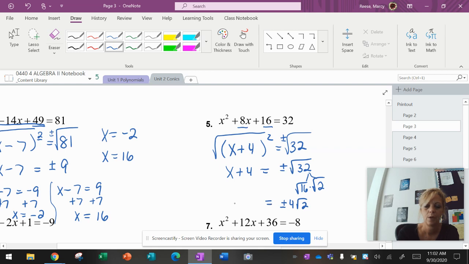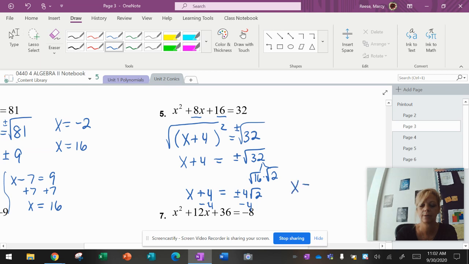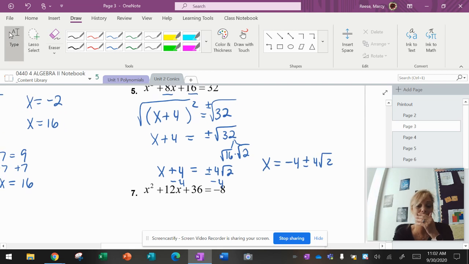Okay, so now I have an irrational number on that right side, so I can't do anything besides minus the 4 to solve for x. And then I literally have negative 4 plus or minus 4 radical 2. And that's it, that's my answer. I know it kind of looks funny, but that's an irrational solution.